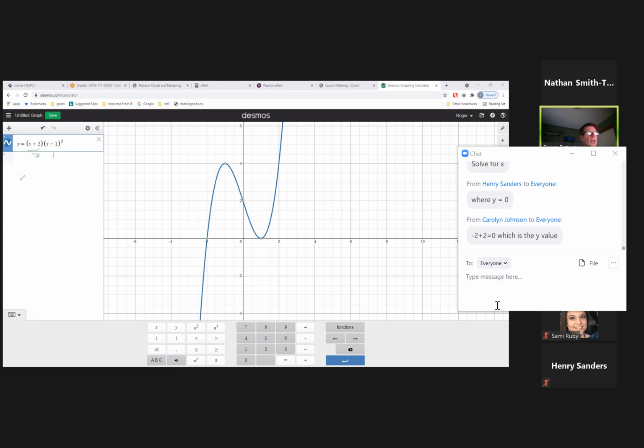So then if I type in this equation, y equals x minus 3, and x plus 1 and x plus 1/2, without graphing it, can you figure out?